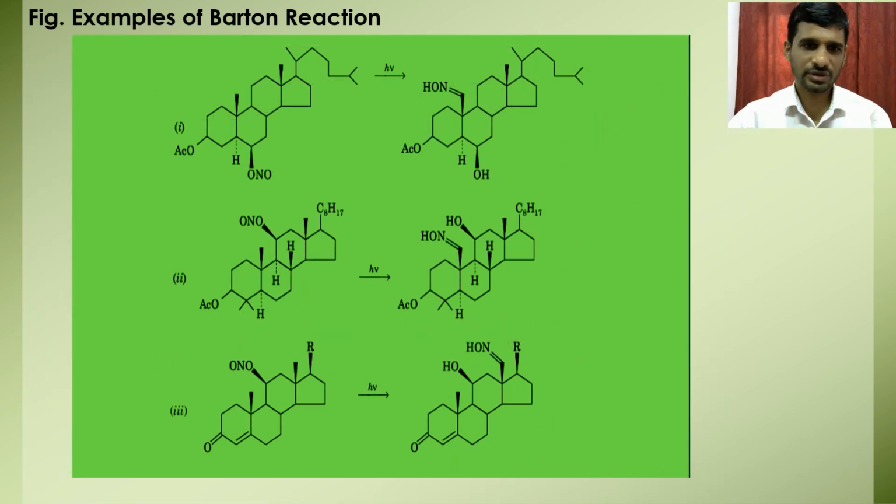As you can see in this slide, I have incorporated 3 different examples of the Barton reaction. Why are these examples important? Because such questions have been asked in CSIR NET, SLET as well as GATE exams.